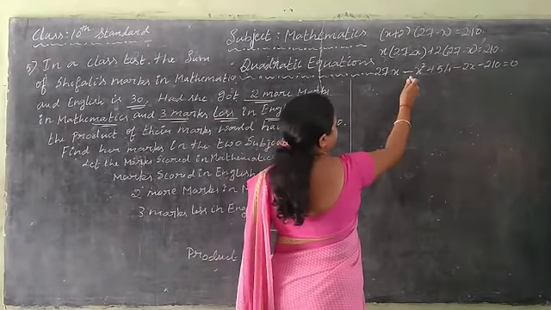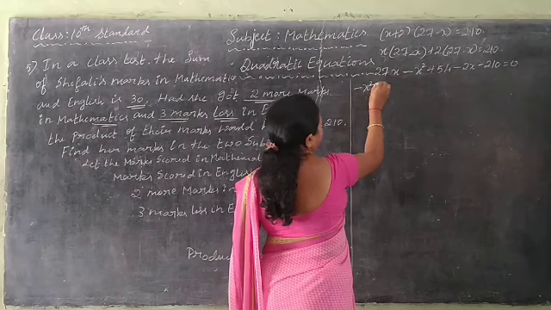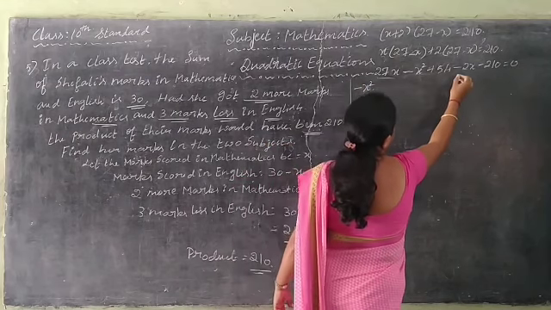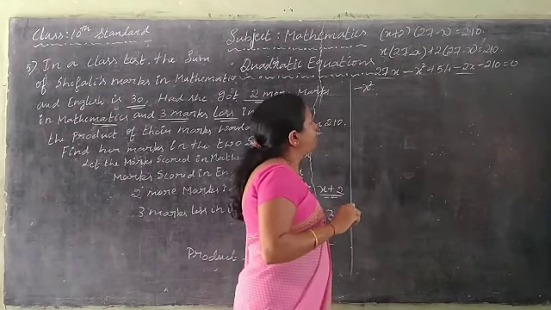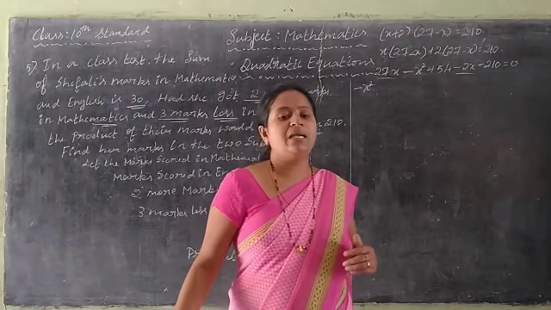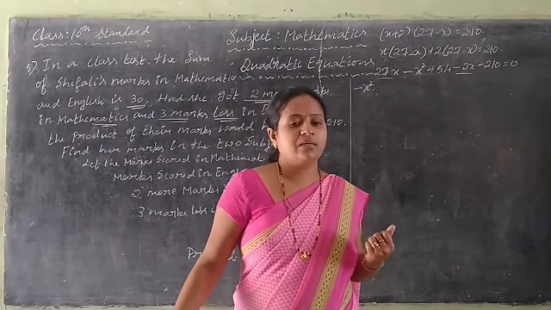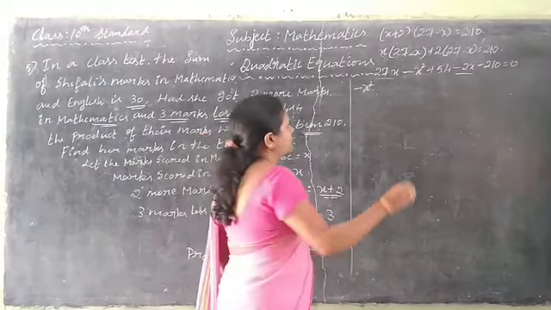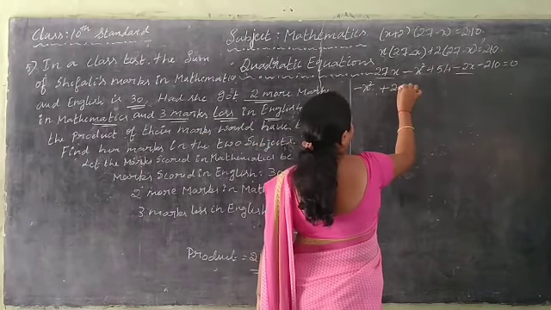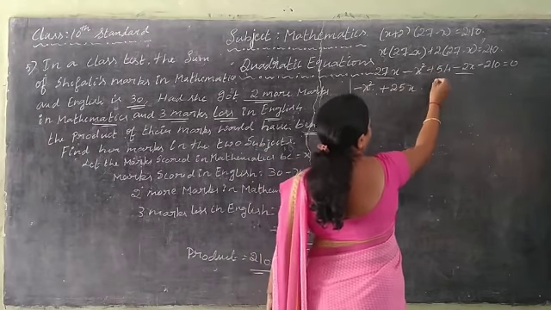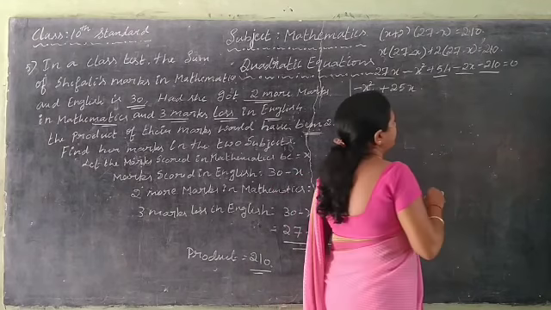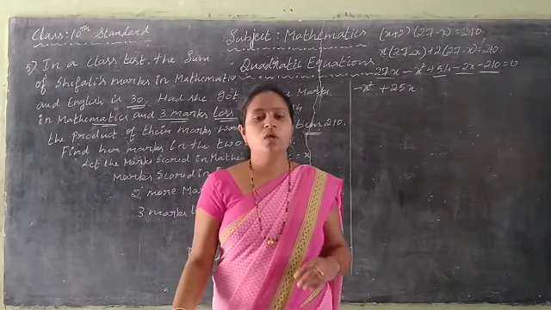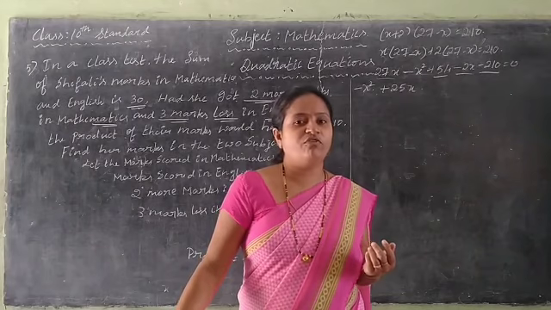Now, write minus x square first. Then 27x and 2x are there, children. Plus 27x is there and minus 2x is there. Right. Subtract that. What will we get? Plus 25x. Then 54 and minus 210 are there, children. From 210 you have to subtract 54.